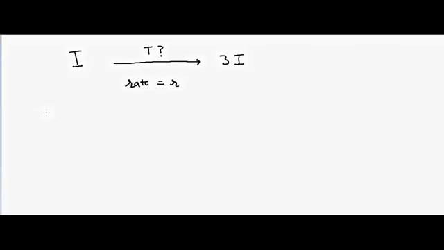You take the number 115 and divide it by R, and that will give you the time for the investment to become three times.